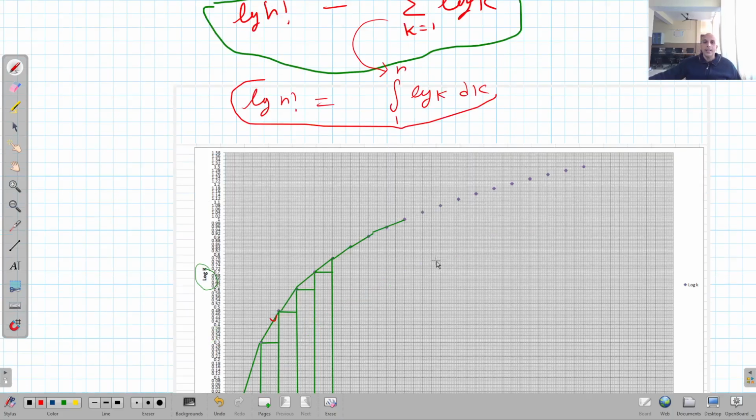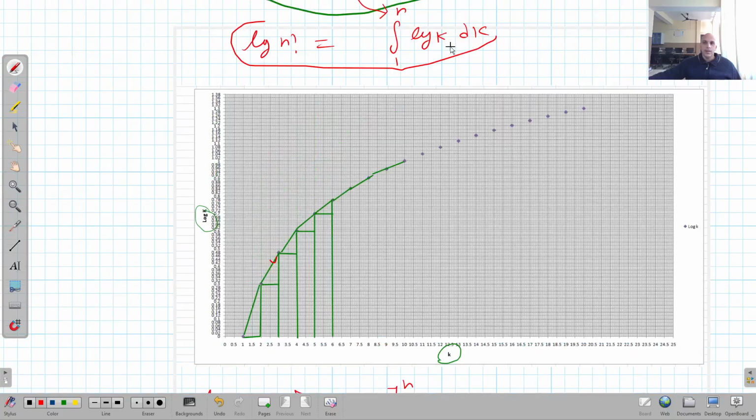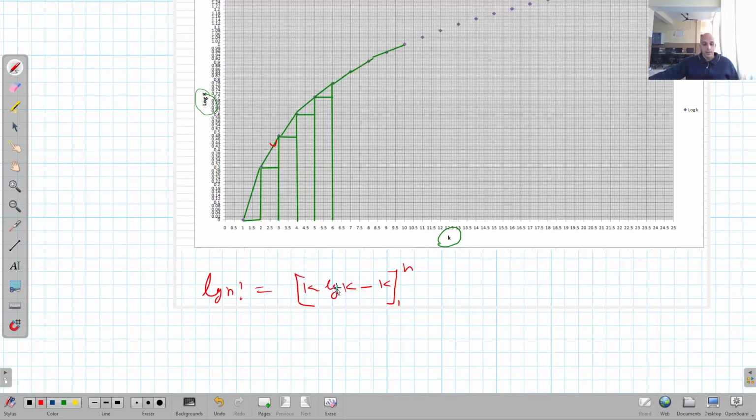So now I can take this integration further. Log of n factorial is equal to k log k minus k, from 1 to n. This is the integration of log k dk: k log k minus k, we know very well.